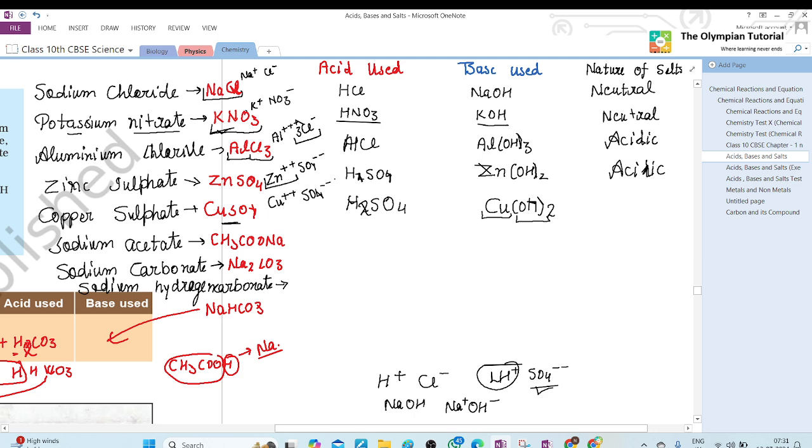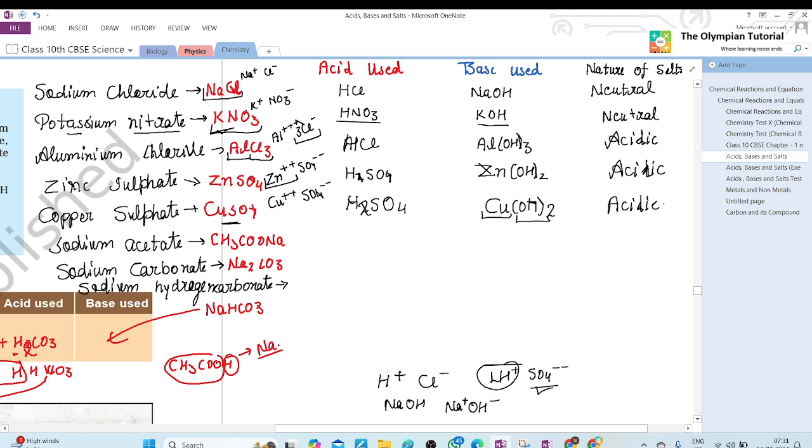Very good. And its character is acidic, basic or neutral? Ma'am, acidic, because strong acid H2SO4 is used here.